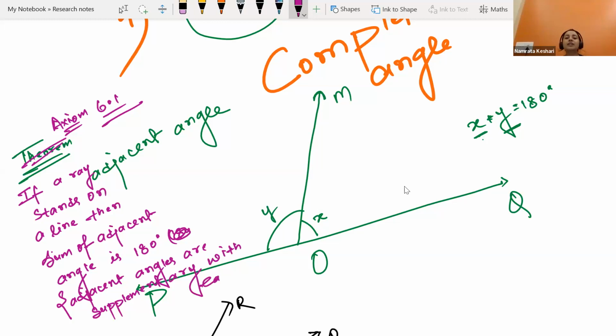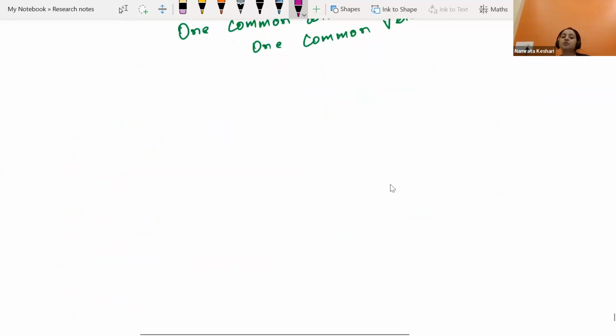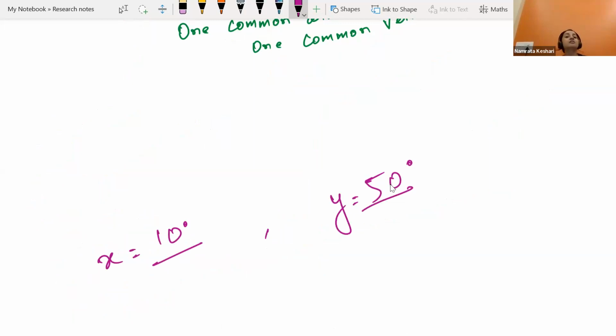When two angles added together give 90 degrees, those two angles are complementary angles. Suppose both added together generate 90 degrees, with x and y as the angles.